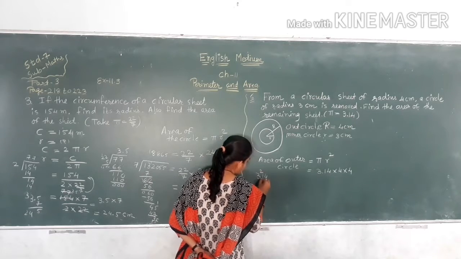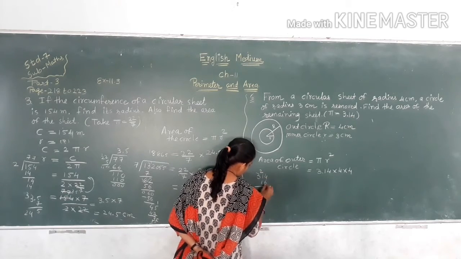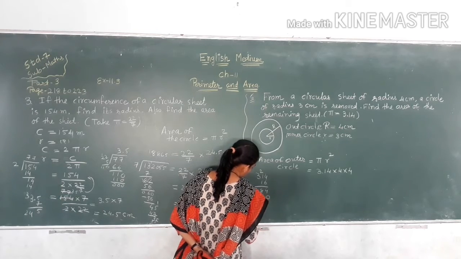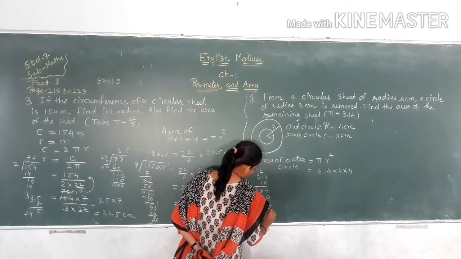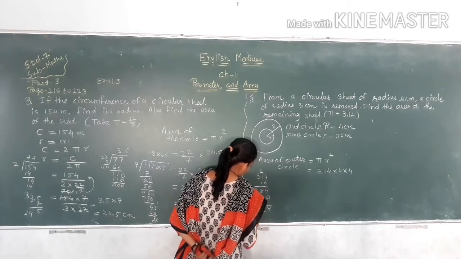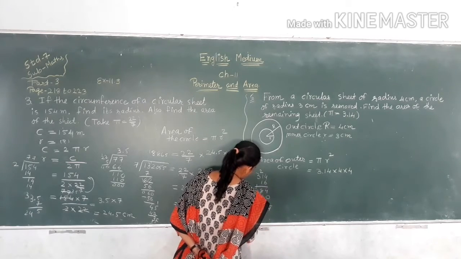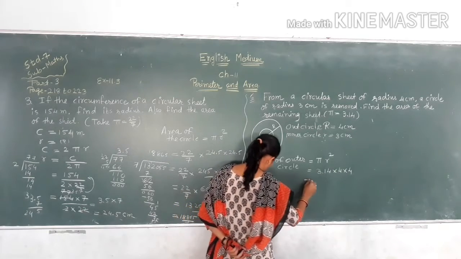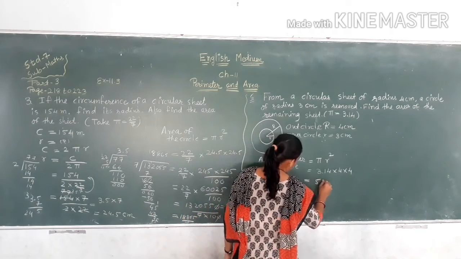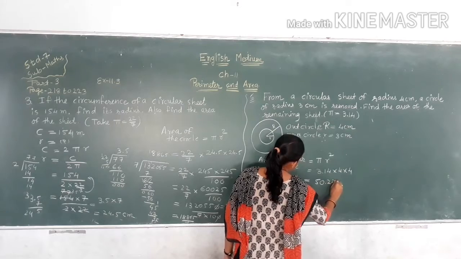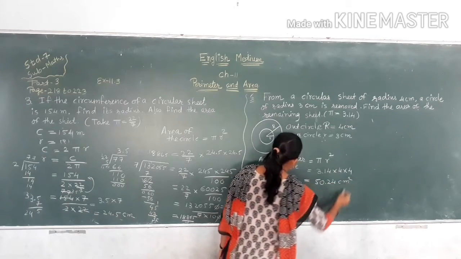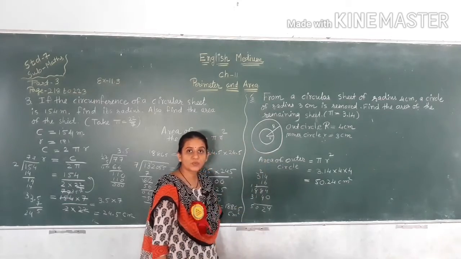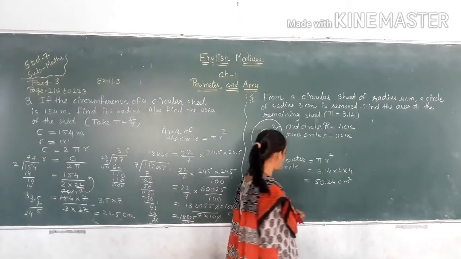Carry 2. 6 1s are 6 plus 2, 8. 6 3s are 18. 0, 4, 1, 3. 4 here, 8 plus 2, 8 plus 4, 12. Carry 1, 10, 1, 3, 4, 5. So 50.24 centimeter square. Now area of outer circle's value is 50.24 centimeter square.